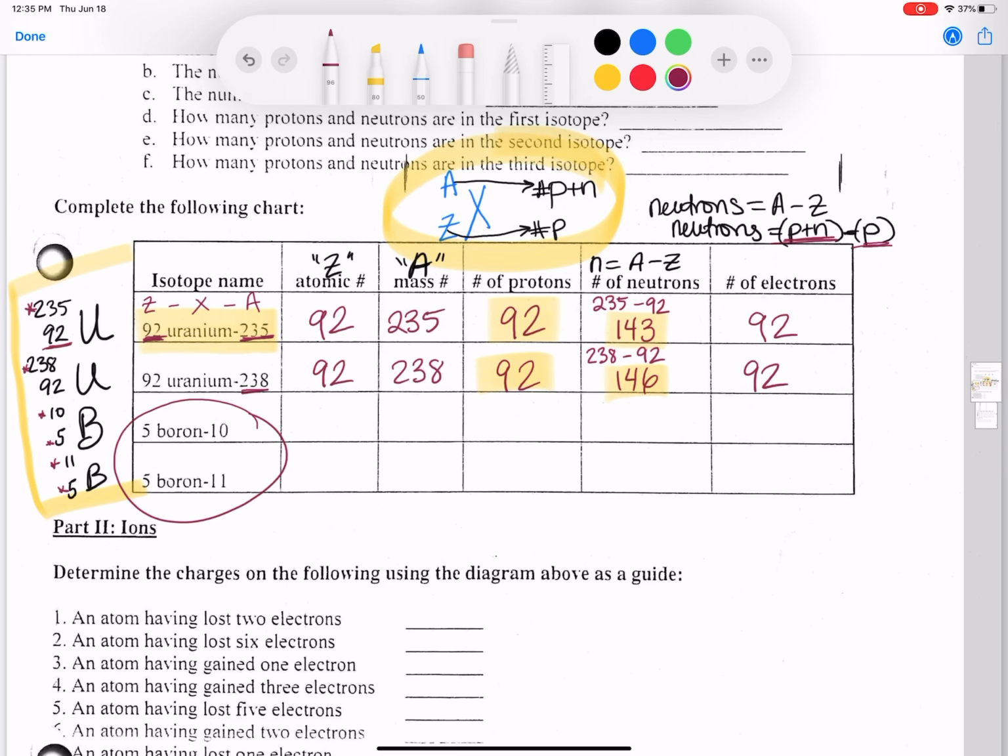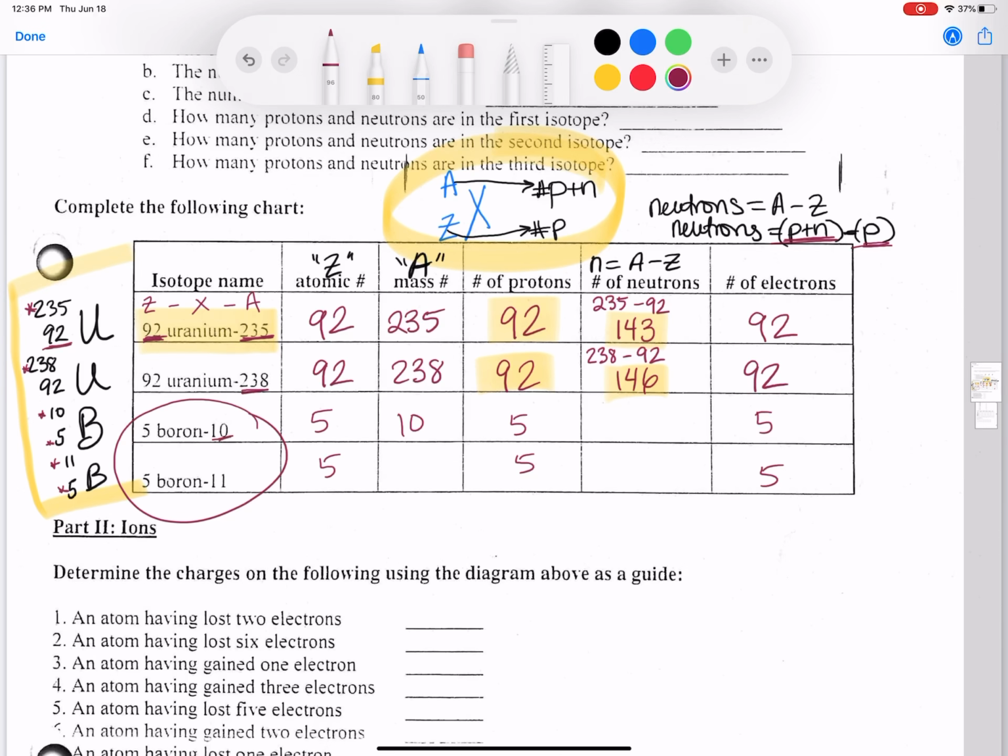And so if I'm boron, my atomic number is always 5. That means I always have 5 protons. These are not ions. They don't carry a charge. So their pluses have to balance their minuses. My mass number was given to me in the problem.